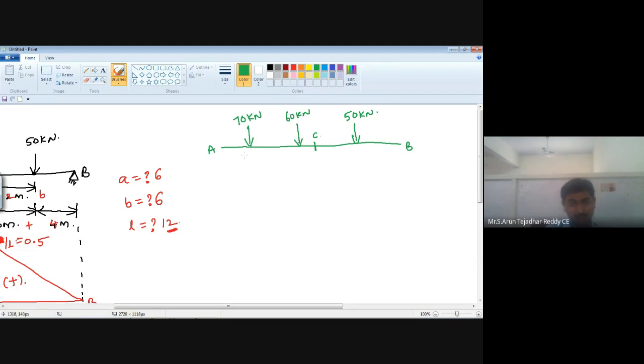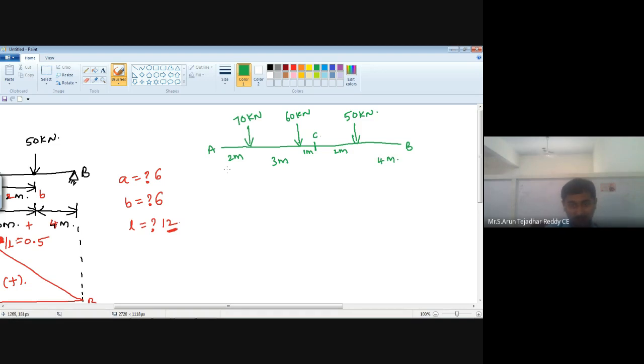Okay, now span is already you know that. What about the span here? It is 2 meter, and here it is 3 meter. From load up to load, it means 60 to 50, it is 3 meter, but that 3 meter has been divided. It's 1 meter, it's 2 meter, again it is 4 meter.